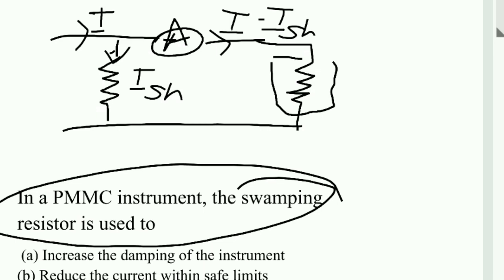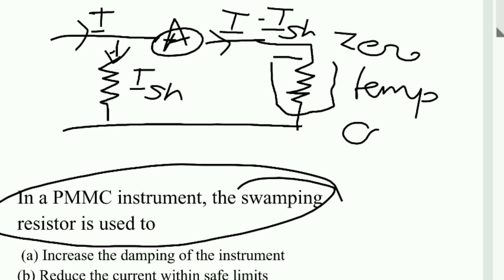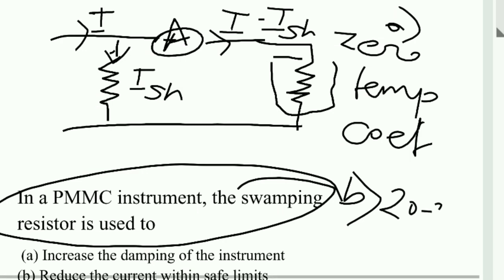We put swamping resistance to eradicate this error. What is swamping resistance? Swamping resistance has zero temperature coefficient, right? The first point is that the temperature coefficient is zero. And the second point is that it has a very high resistance, 20 to 30 times the meter resistance, right? So its resistance is very high and the temperature coefficient is also zero.